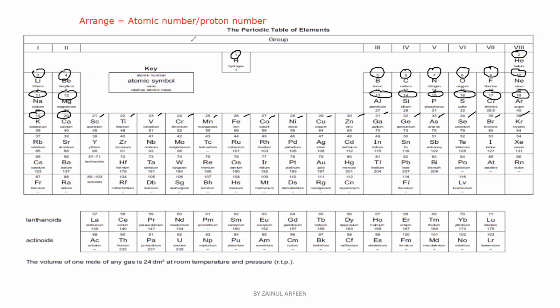And what is this top number representing? As we discussed in the last class, this top number is representing the atomic number, or you can also say proton number. And what is the bottom number representing?